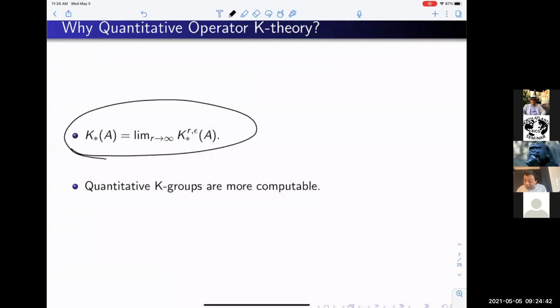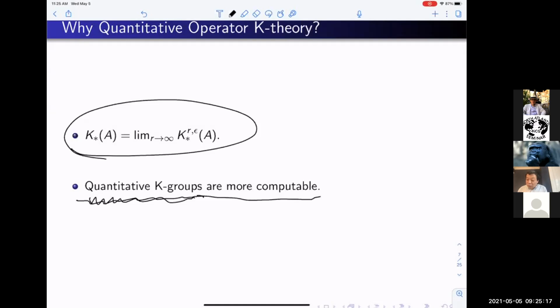Secondly, and that's the main reason, this more complicated quantitative group is more computable, and we can develop an algorithm to compute the quantitative K group. The main reason it is more computable is that this kind of group makes it easy to do cutting and pasting.